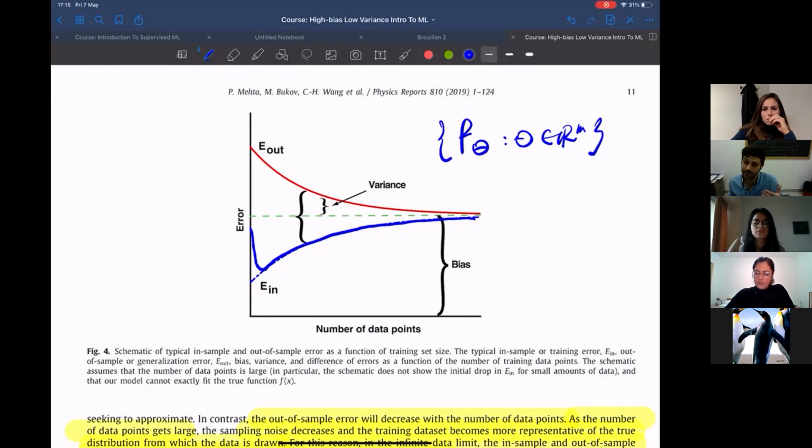If you have a very small number of data points, even if your hypothesis class is rather simple, you will be able to fit all the training data. You remember when we were using, for example, a 10th-order polynomial, which is at the end a very simple function compared to much more advanced models like neural networks or other things.